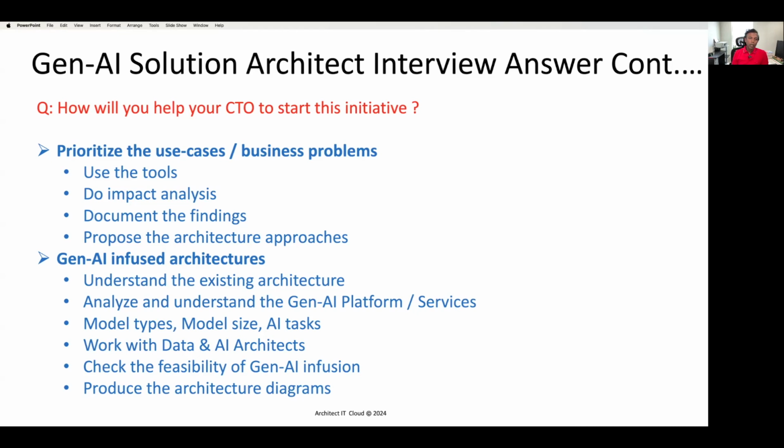There are certain tools available in the market for business use case prioritization or business problem prioritization. As a solution architect, you must know what all the factors affecting this business use case are.